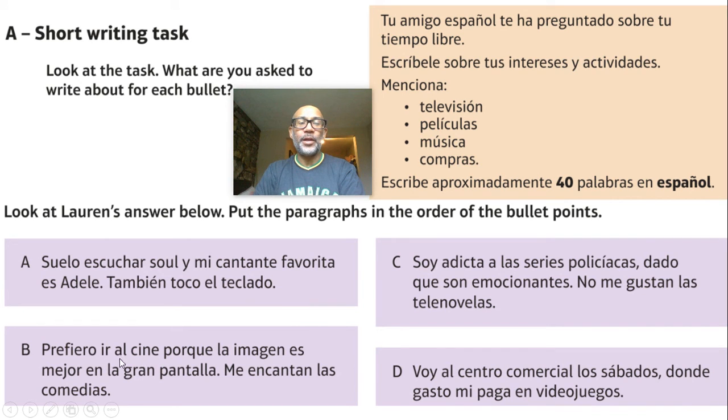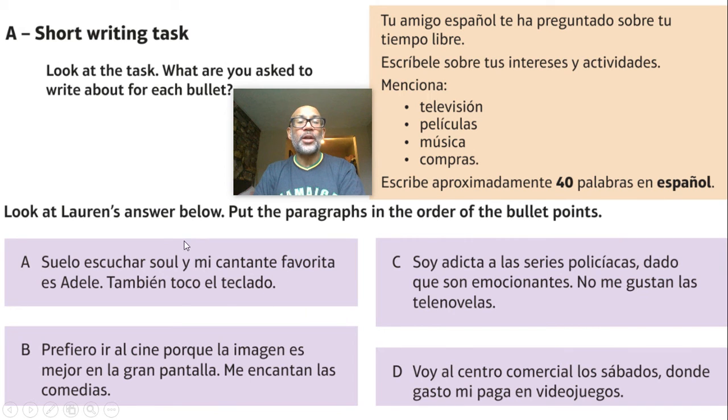I prefer going to the cinema porque la imagen es mejor, because the picture is better, en la gran pantalla, on the big screen. Me encantan las comedias. I love comedies.